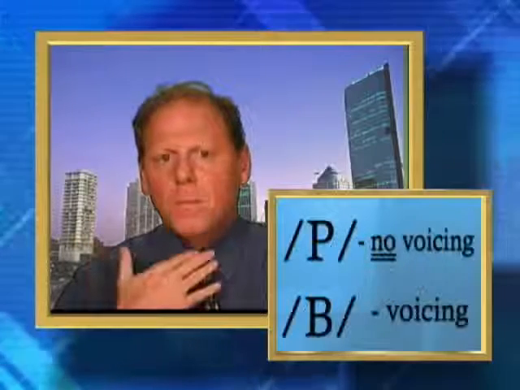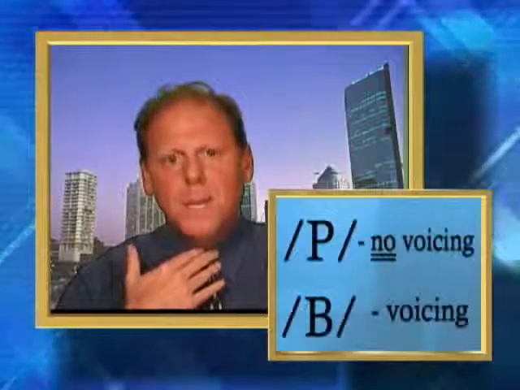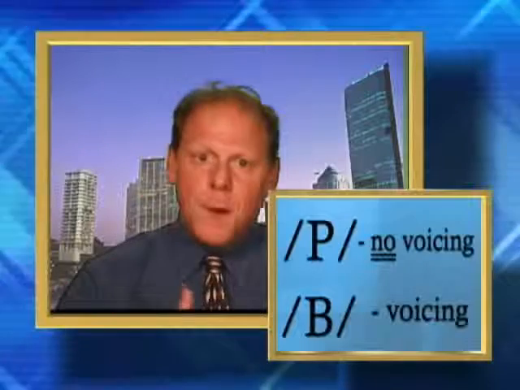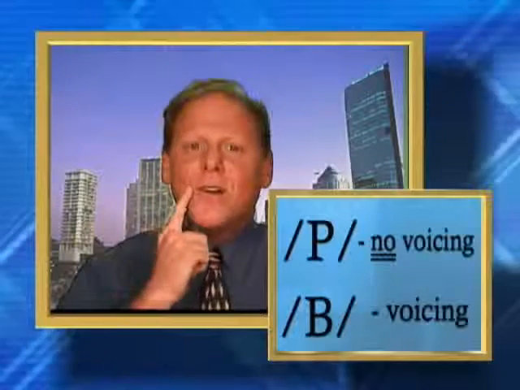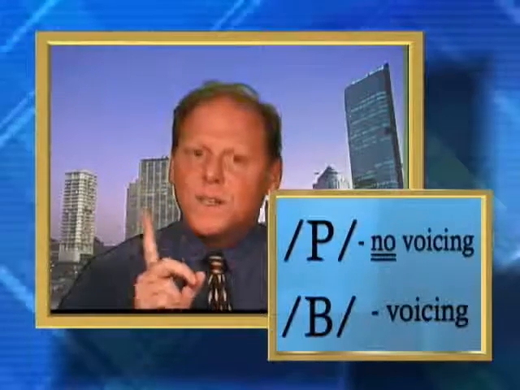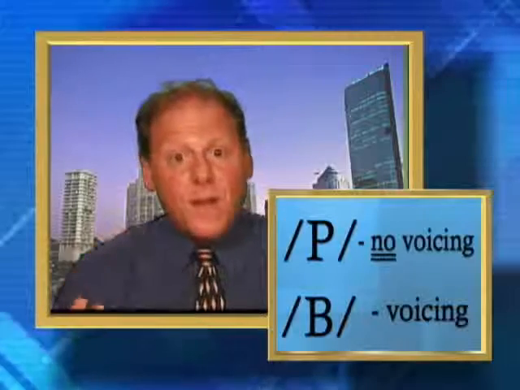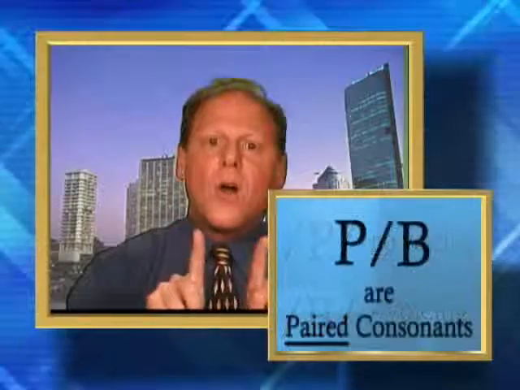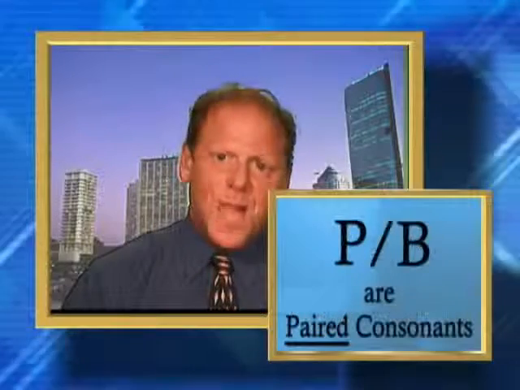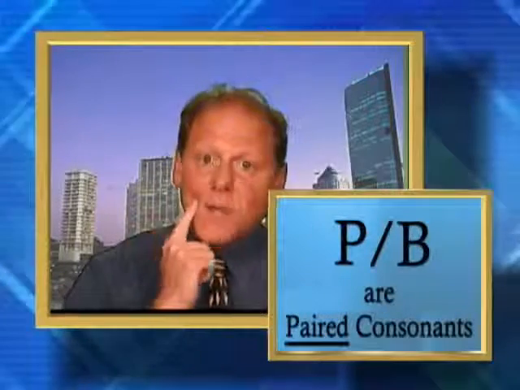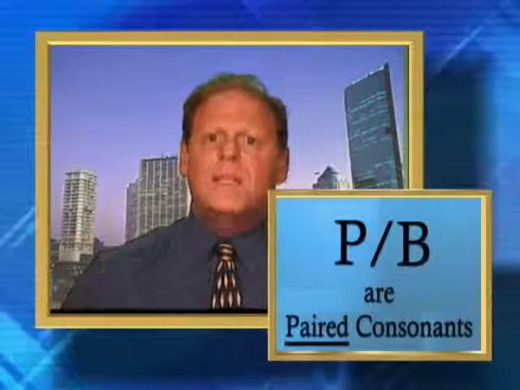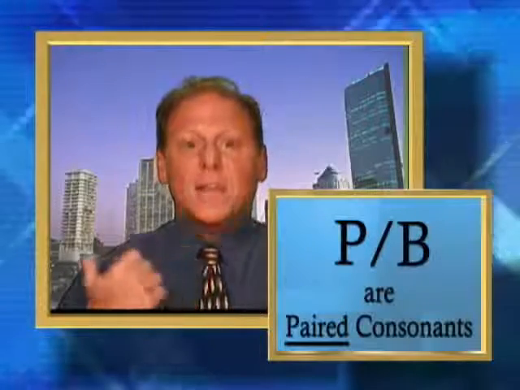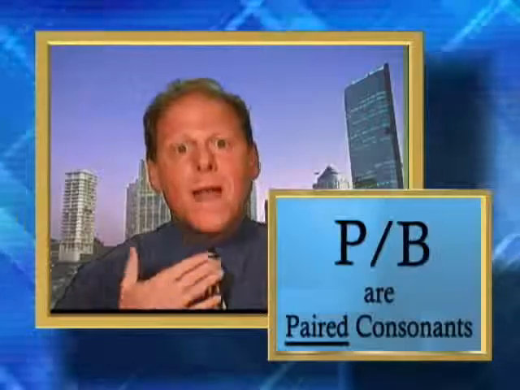Watch again, P, no voicing, b, B voicing. You see that everything here stays the same. The only difference is my vocal cords are either vibrating or they're not vibrating. So we say the P sound and the B sound are paired consonants. They are produced exactly the same way here in your mouth, but the P sound has no voicing and the B sound does have voicing.